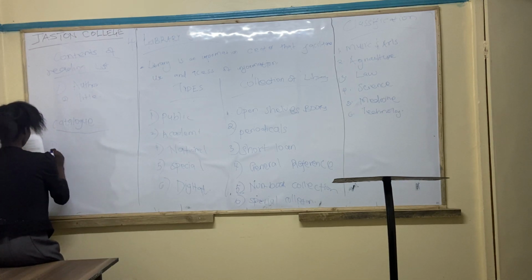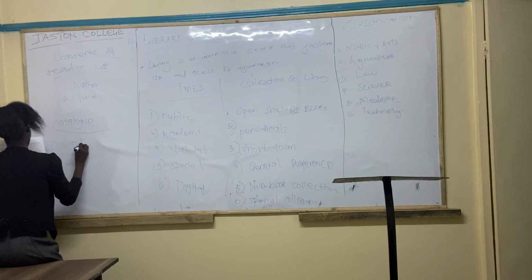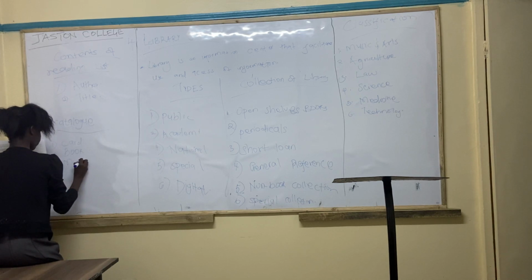The first one is card. We have book. We have microfiche. We have computerized catalog.